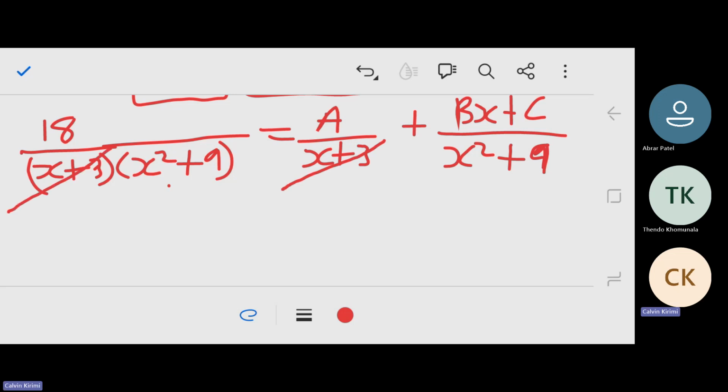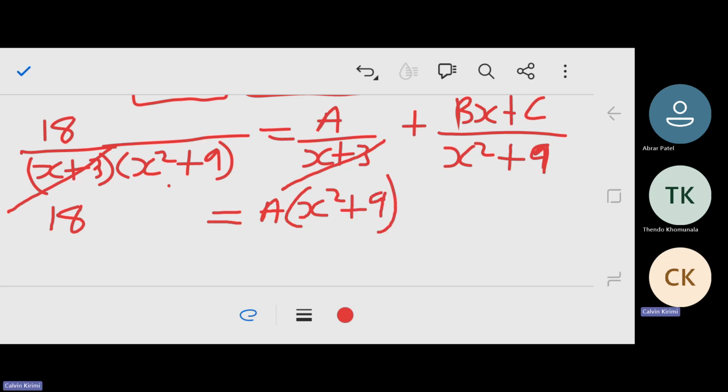Then you can equate. So you'll be saying 18 is equal to constant A bracket x squared plus 9. That is what is left out.